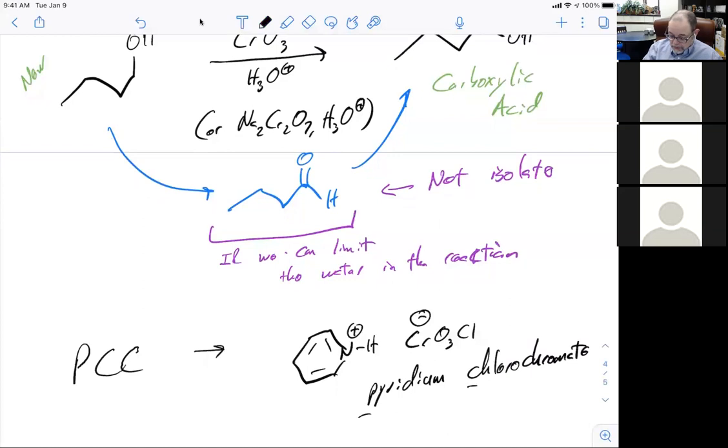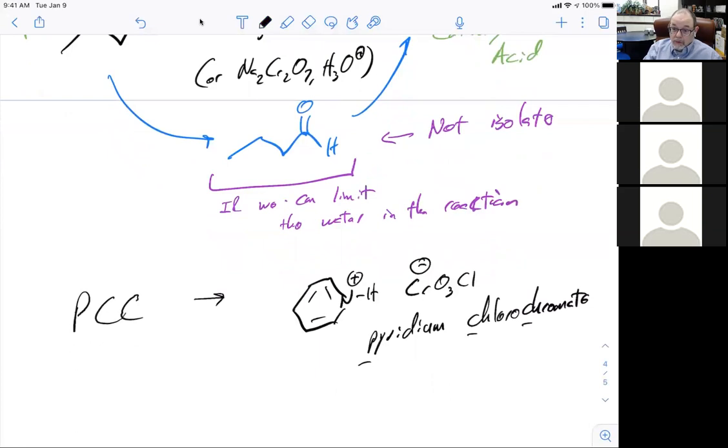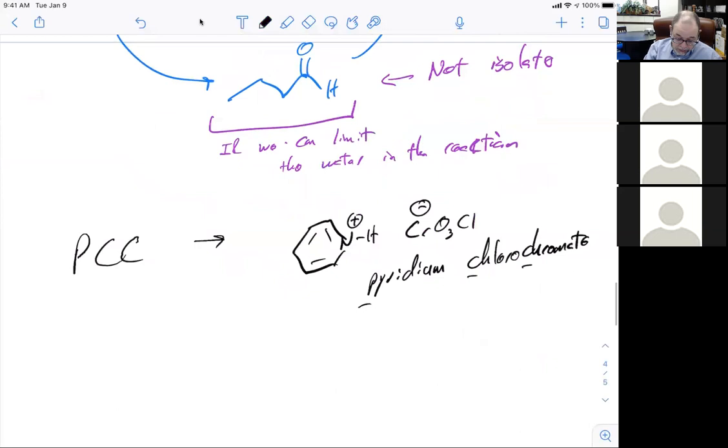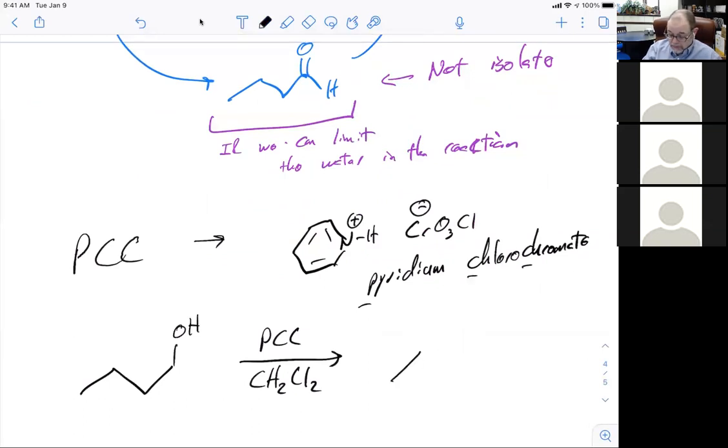PCC, because of the pyridinium, is organic soluble. Because it's organic soluble, then I can put this in an organic solvent, especially an anhydrous one. And our favorite anhydrous solvent is methylene chloride. And we can stop at the aldehyde.